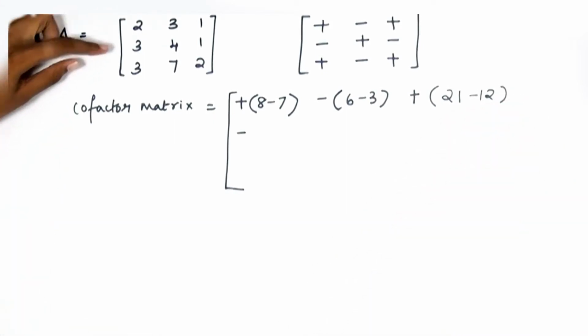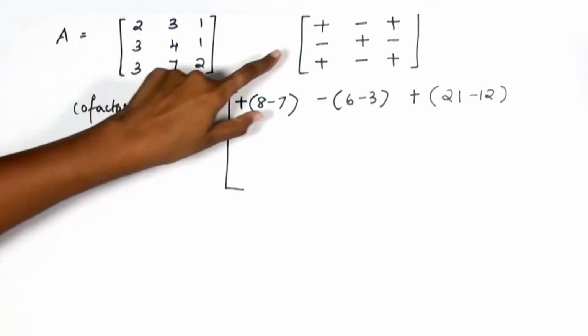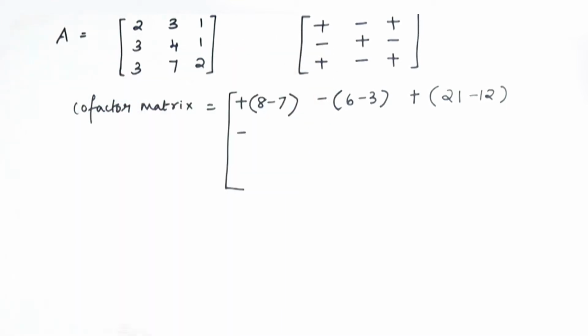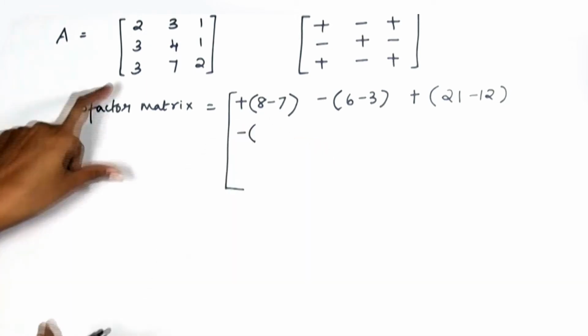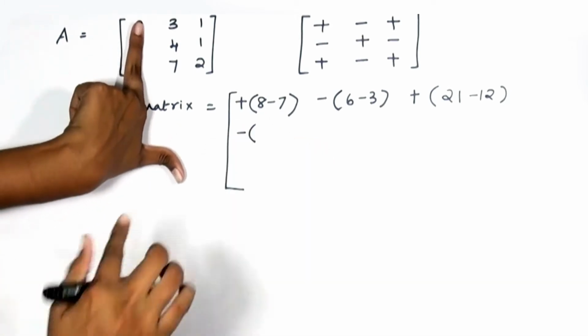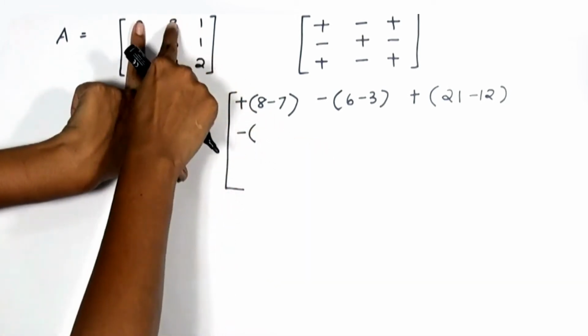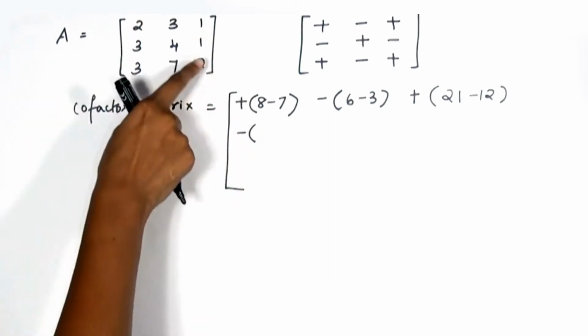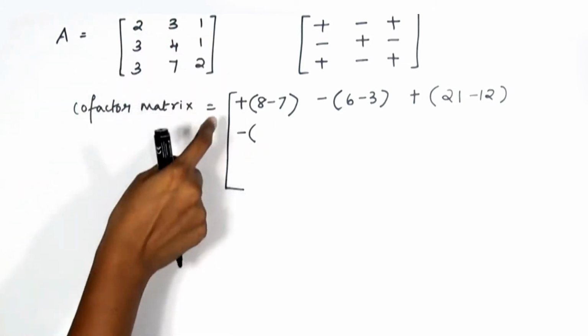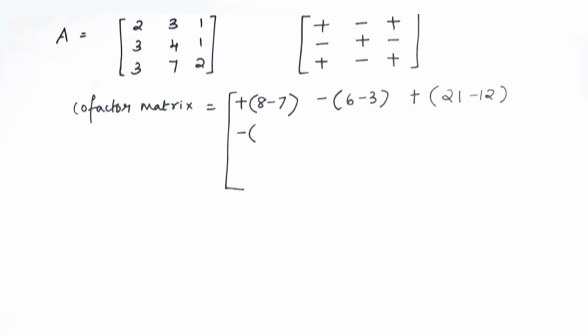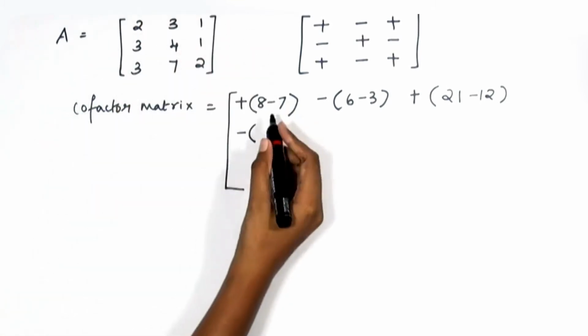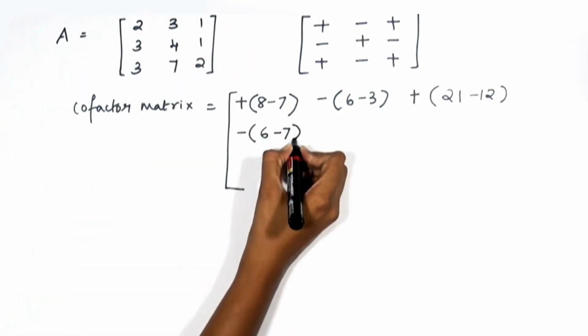Next, we'll be finding out the cofactor of 3 and consider minus as the sign. So eliminating this row and this column, you'll have 3, 1, 7, 2. 3 into 2 is 6 and 7 into 1 is 7. So it becomes 6 minus 7.